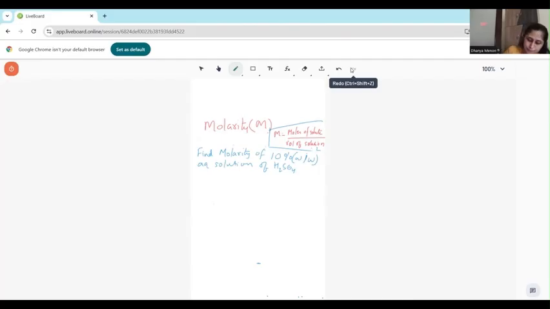Okay, and the density of the solution is given as 1.1 grams per milliliter. Now, if I have 10 percent weight by weight, that means what? I have 10 grams of sulfuric acid in 100 grams of solution, right?